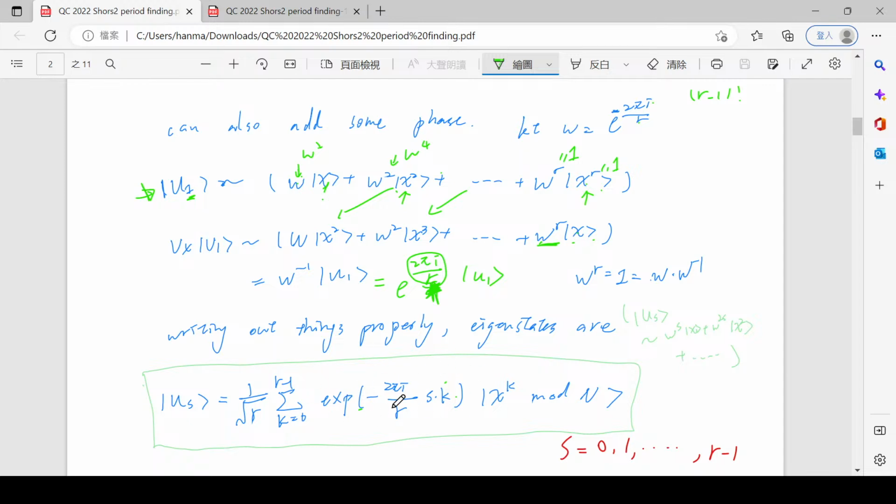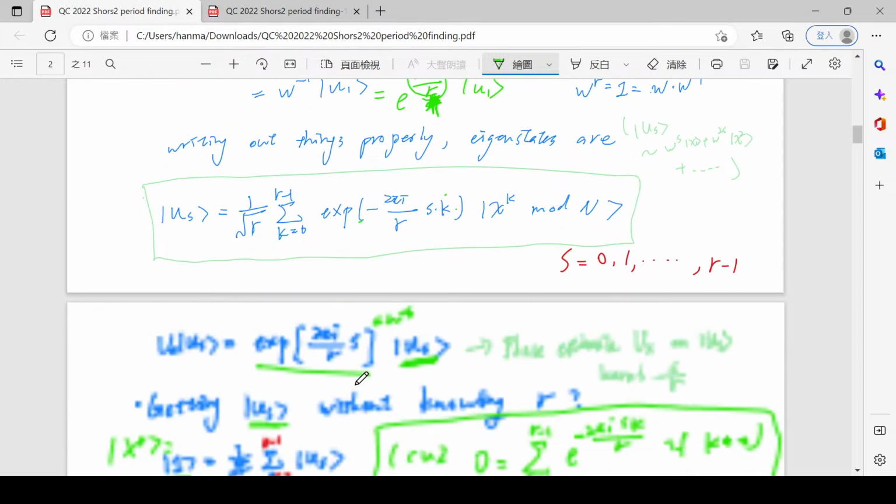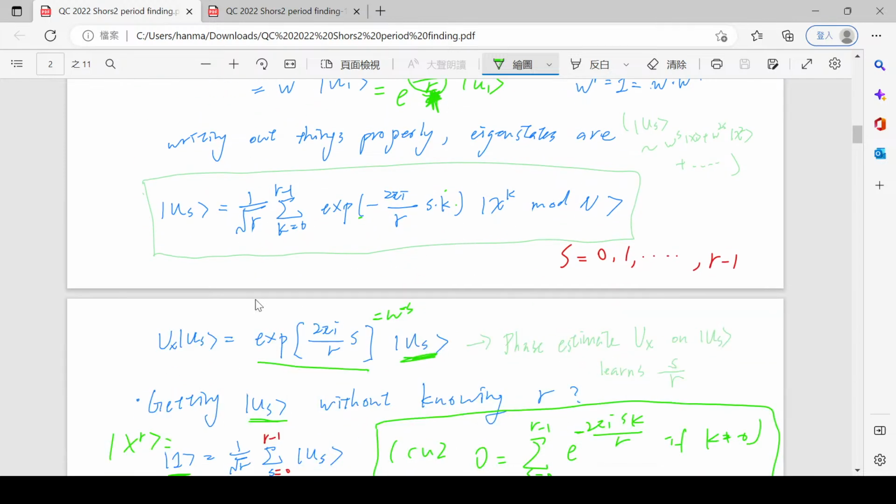The phase is basically an rth root of 1. More importantly, their eigenvalues are e to the 2 pi i s over r, with s from 0 to r minus 1.